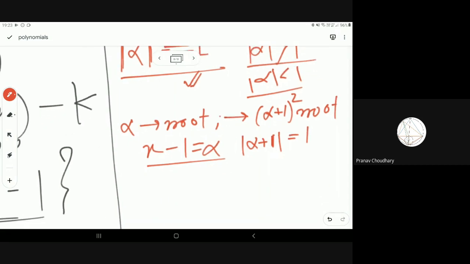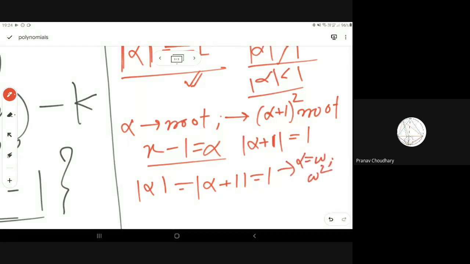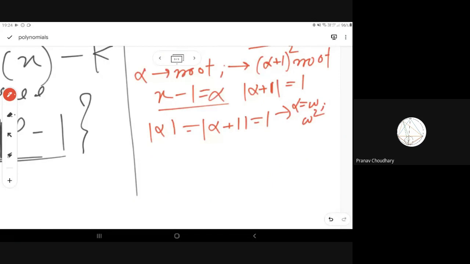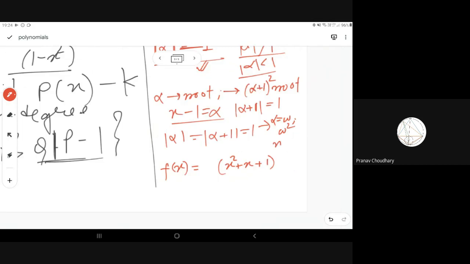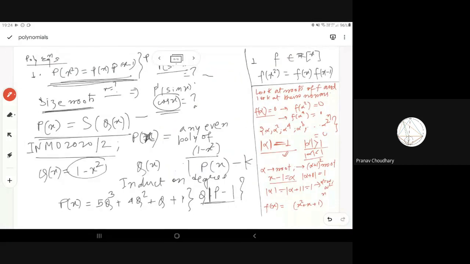So basically we are trying to find all complex alpha such that mod alpha equals mod alpha plus 1 equals 1, and this is basically alpha equals omega and omega squared. So the polynomials we are looking for are of the form (x squared plus x plus 1) to the n for some positive integer n. Does anyone have any doubts about the solution of this problem?